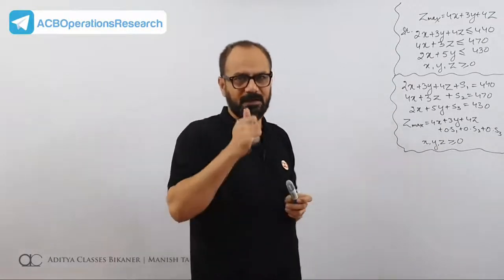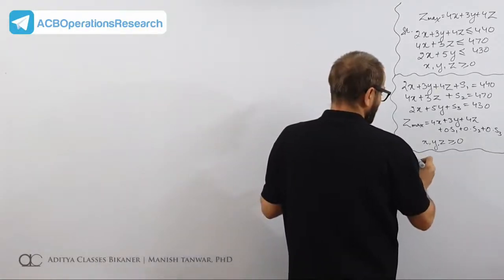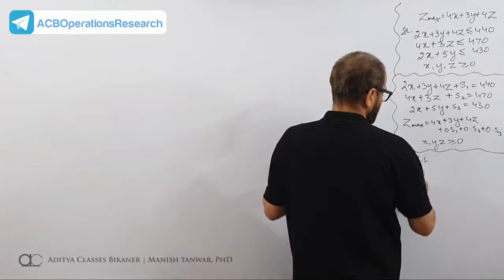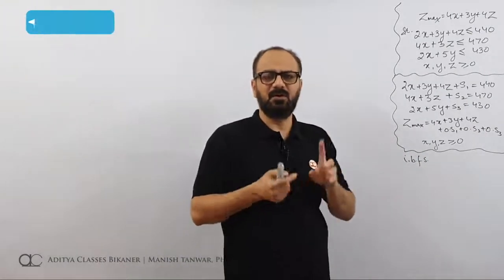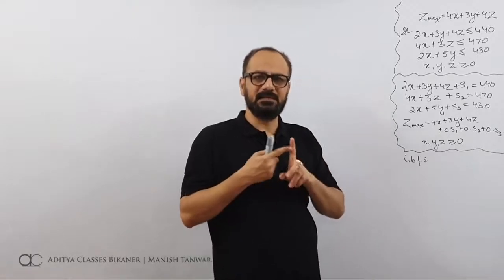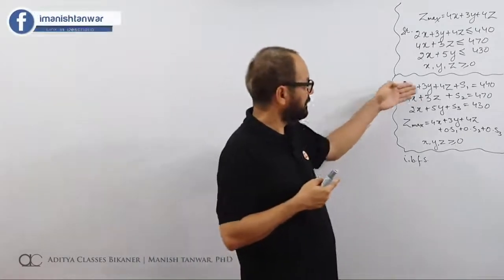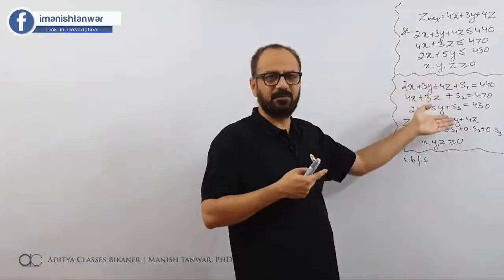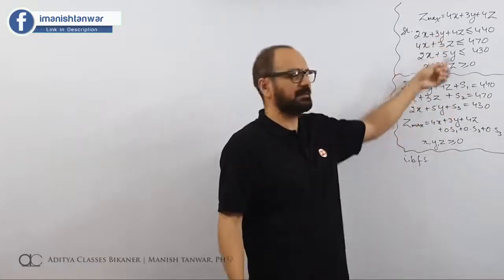Next is find IBFS. What is IBFS? IBFS is determined by substituting all decision variables and surplus variables as 0 in constraints. We are not making use of any surplus variables because surplus variables come when we have a greater than type inequality.